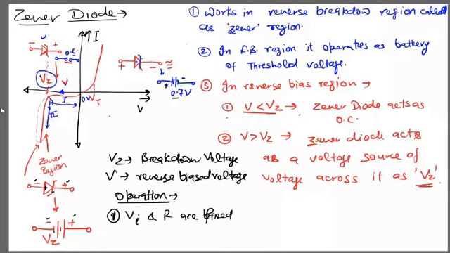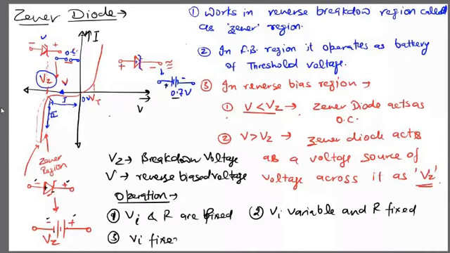I'll tell you. Second case, Vi variable and R fixed. Third case, Vi fixed and R variable. There are three cases.